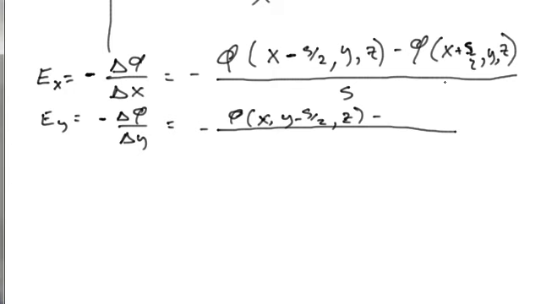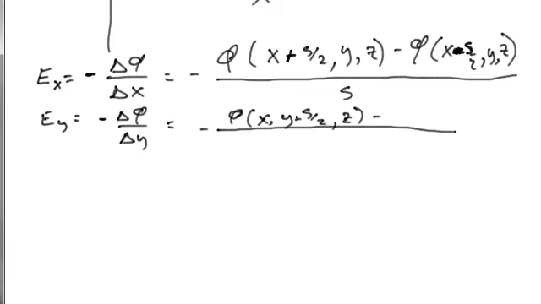As I step in the positive x direction, I'm going from here to here, so I take my final position minus my initial position. So this is a minus sign right there.